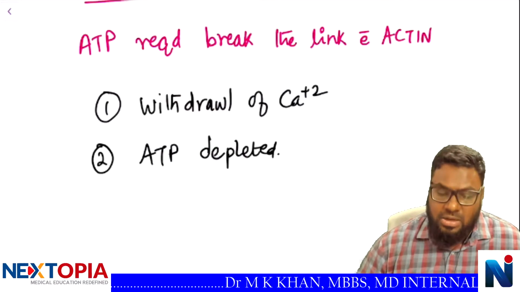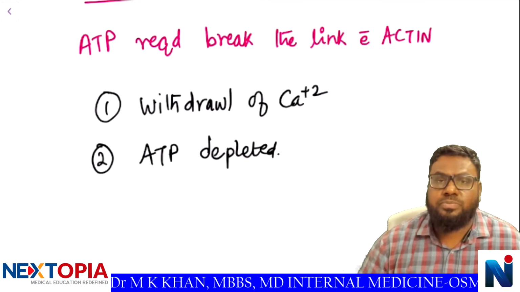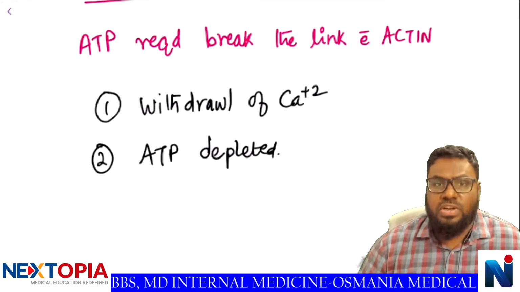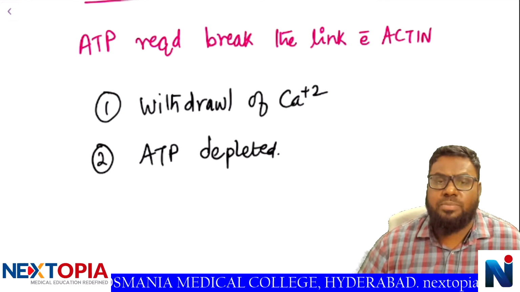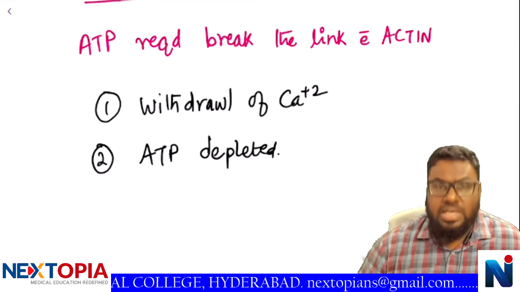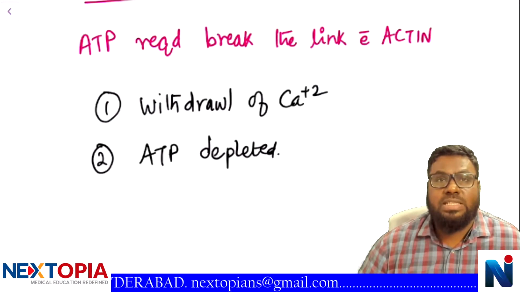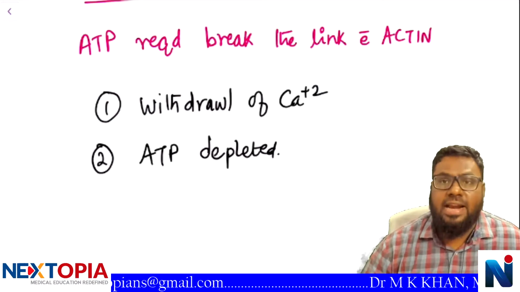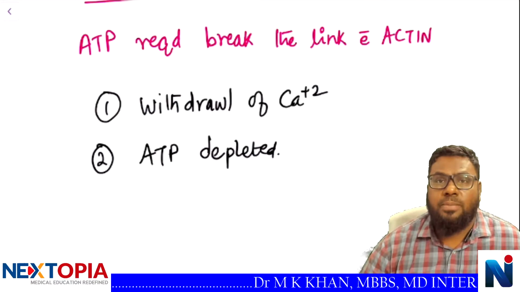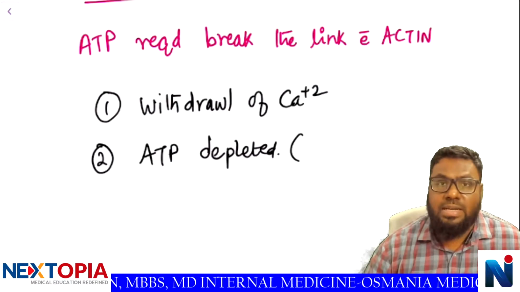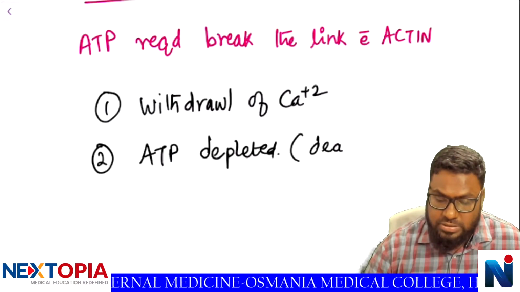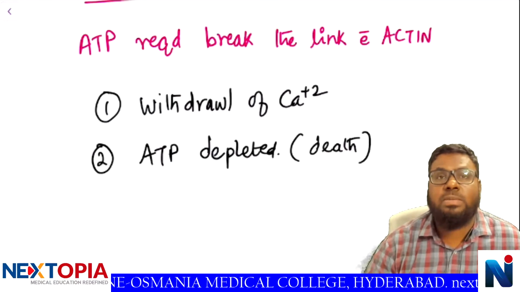Please remember that the contraction cycling stops in case of withdrawal of calcium, or if the ATP is depleted. The second situation usually occurs when? When does the ATP deplete? At the time of death of the muscle fiber.